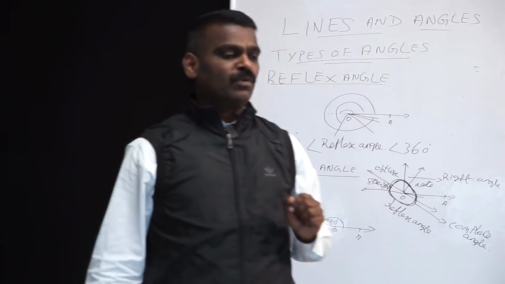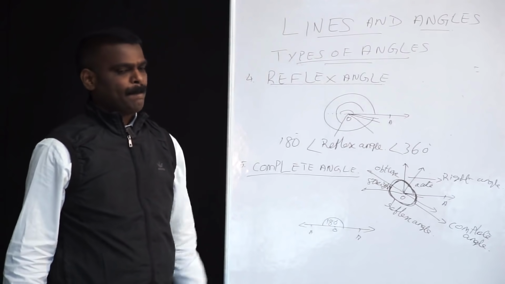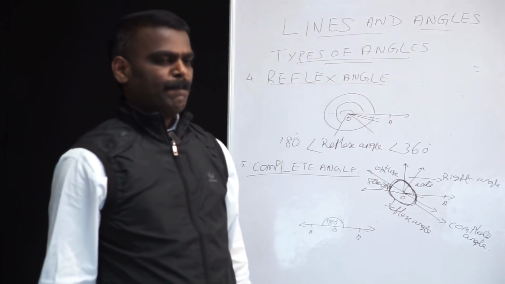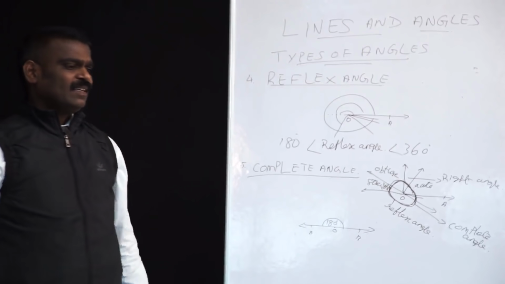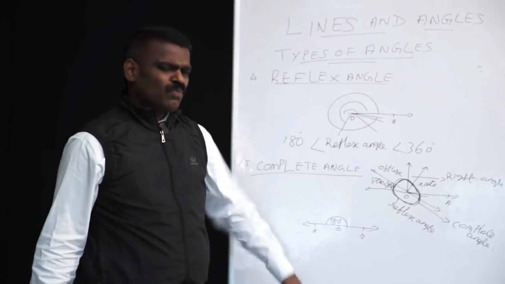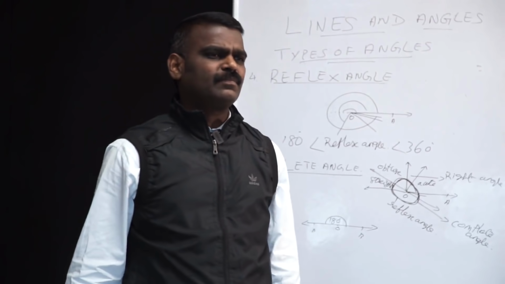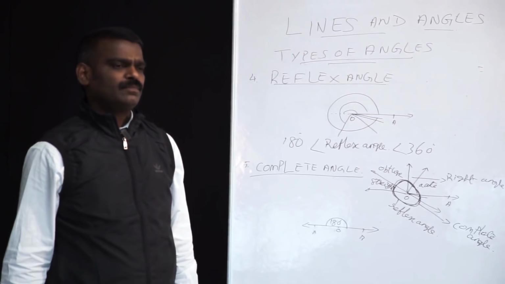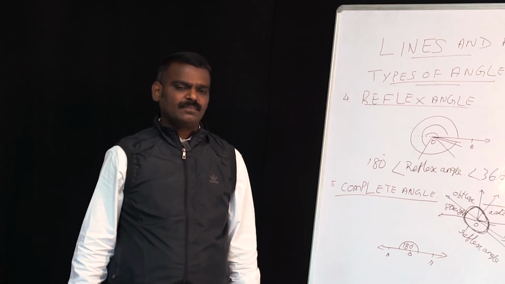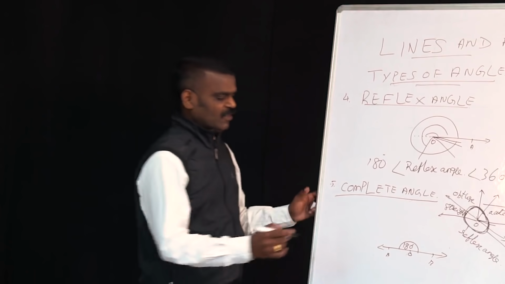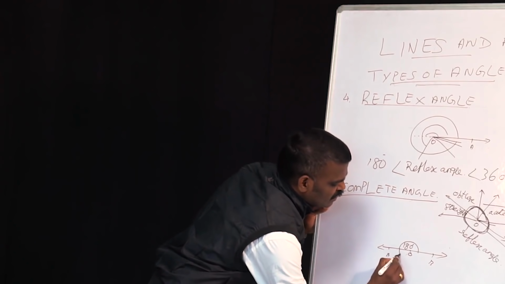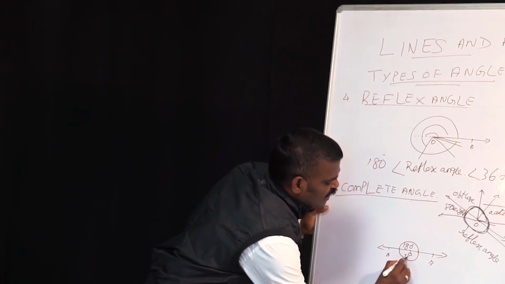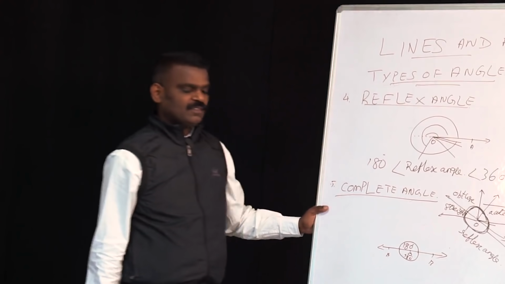All of you draw this figure in your notebook. Now, can you draw one more straight angle in the same figure? Is it possible? Yes, possible, right? We can draw one more straight angle downside. How many degrees? 180 degrees.